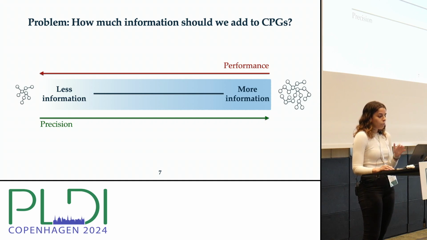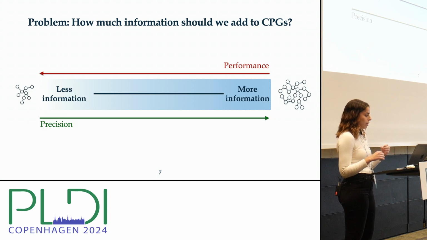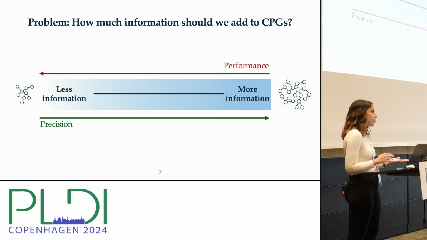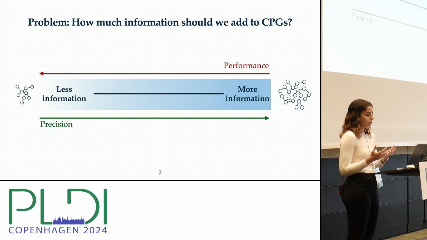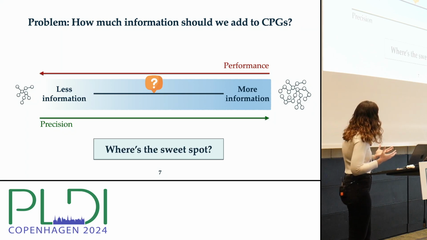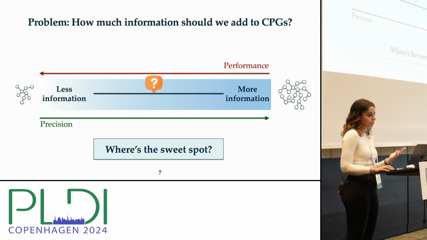But this makes the queries very complex to specify and later identify, and it also worsens the performance. On the other hand, if we have less information, we have simpler graphs, which will improve the performance, but will limit the expressiveness of the patterns that we can search for. And so a fundamental challenge in using CPGs is actually figuring out where's the sweet spot of the information that we should add.